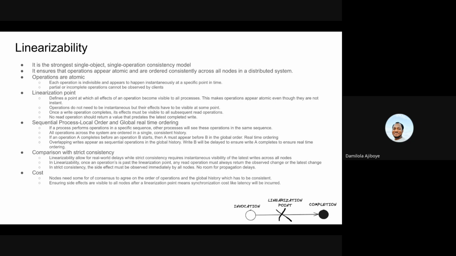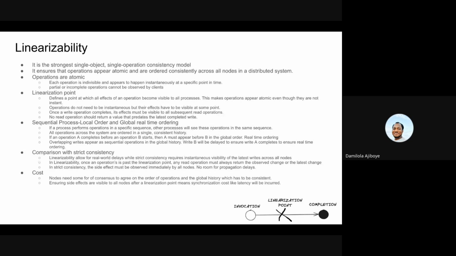Here we can have delays in the propagation, but the main thing in linearizability is making sure that before we say an operation is successful, at the linearization point, the side effects of that operation have to be visible to all the nodes, and then we can say the operation is successful.